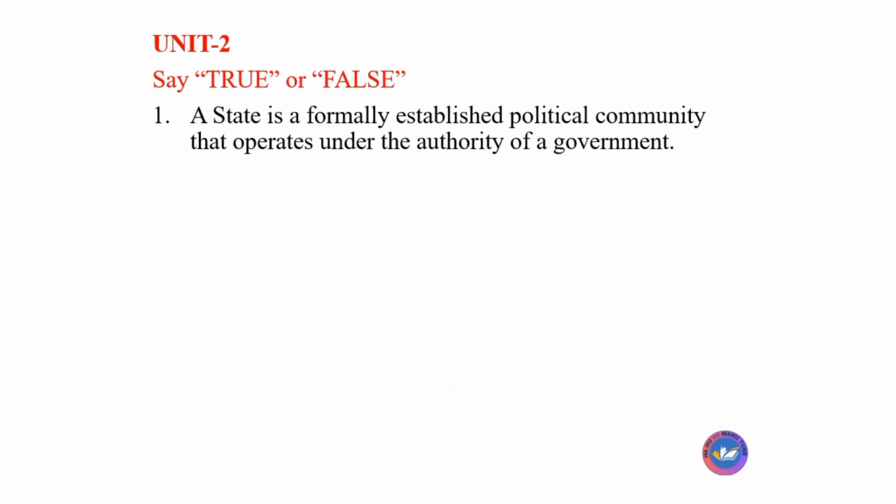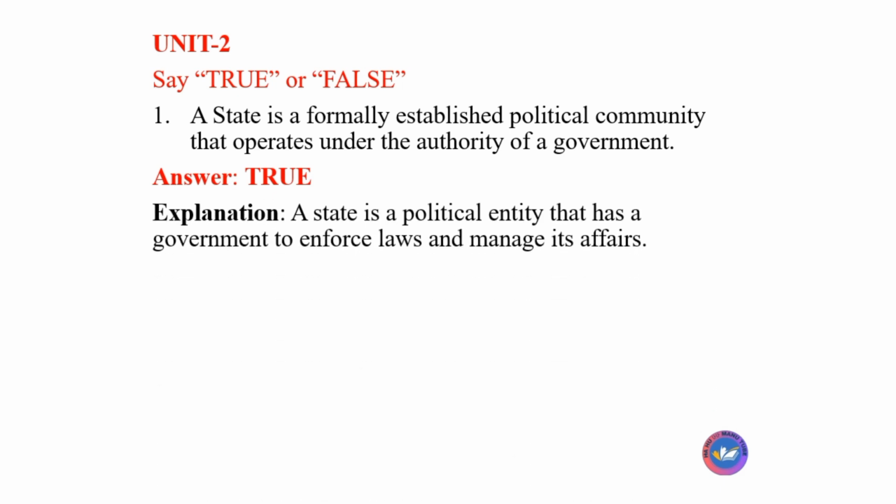Unit 2. Say true or false. Question number 1. A state is a formally established political community that operates under the authority of a government. The answer is true. A state is a political entity that has a government to enforce laws and manage its affairs.